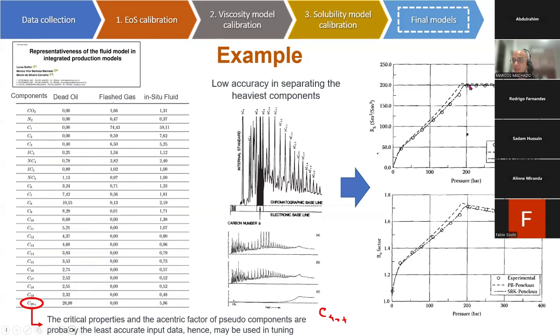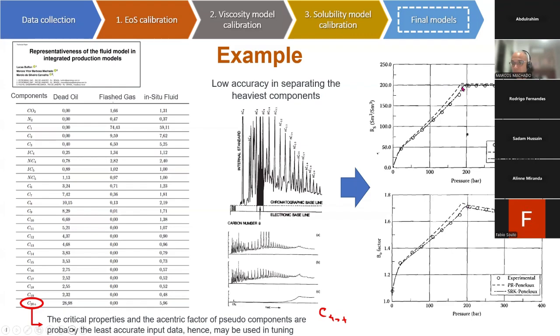These dots are the experimental data for RS, solubility ratio, and for BO, okay? And the dashed curve is the prediction using Peng-Robinson, and the other is the prediction using SRK, okay? Both are very comparable, so you don't have a huge difference between them.